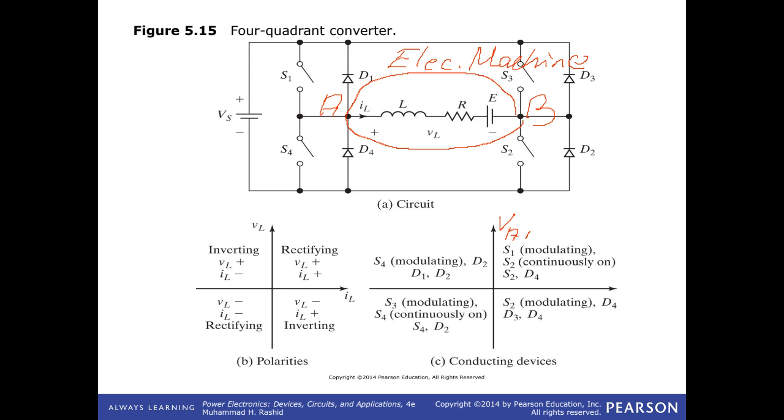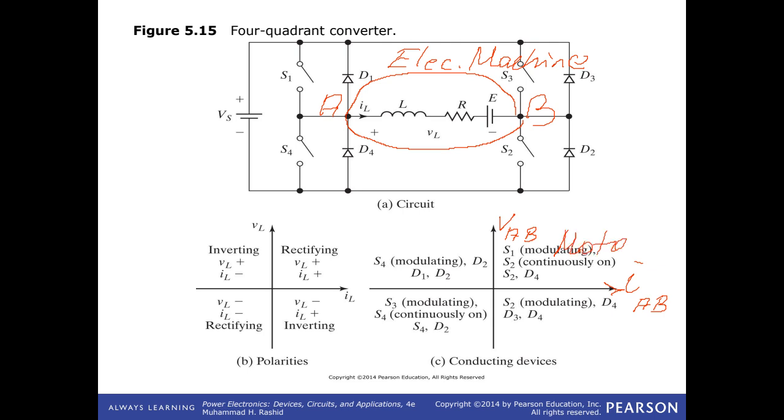That one is the second one, also the current. That current is IAB. So that one is motoring, for quadrant 1.